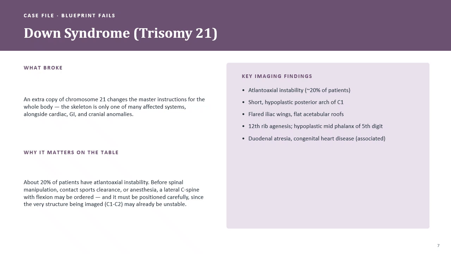So what you want to remember, again, is that our role is not to diagnose Down syndrome from an image. Our role is to recognize the clinical history and understand the associated risk, and also perform this exam in a safe manner.